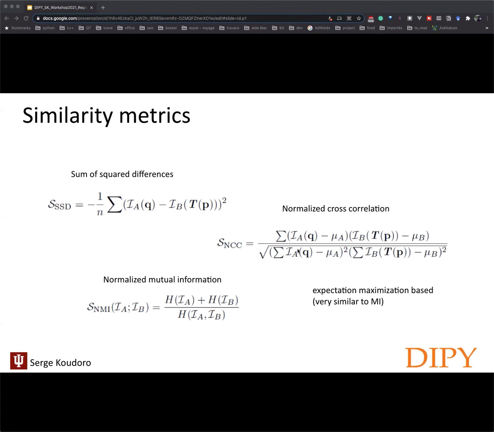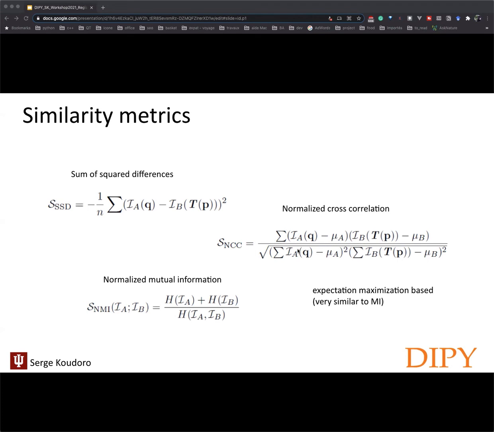The higher the score, the more similar the volumes are. If we think about it, it is a kind of inverse of a distance metric. Indeed, in a distance metric, the lower the distance, the better the matching.